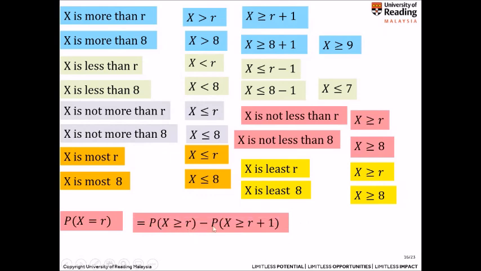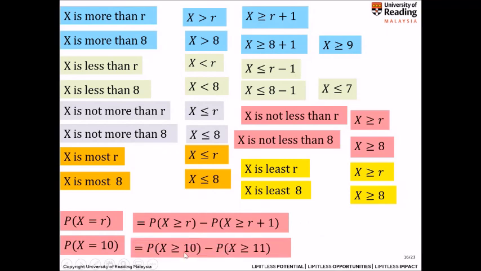P(x greater or equal to r) minus P(x greater or equal to r plus 1). So for example, x equal to 10 is the same as P(x greater or equal to 10) minus P(x greater or equal to 11). We end this video, and for the next video, we may use the binomial distribution table.